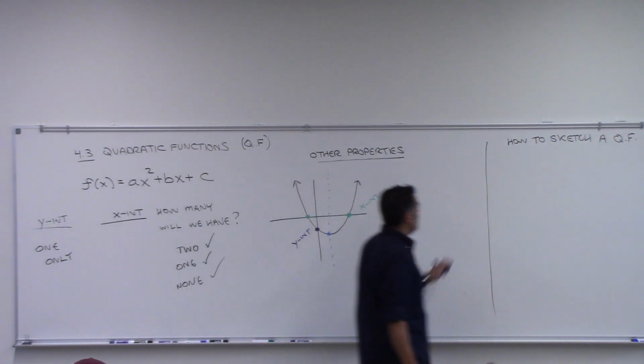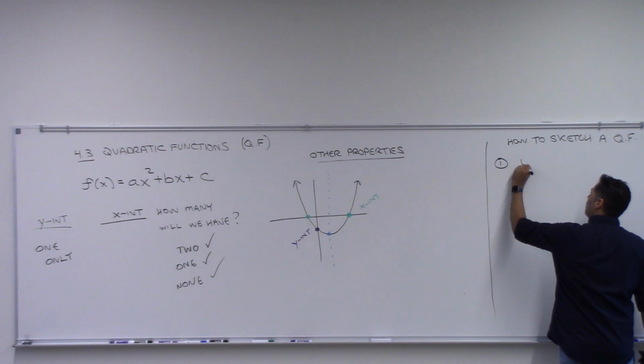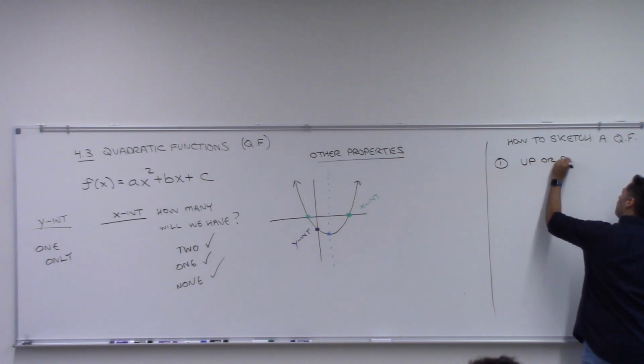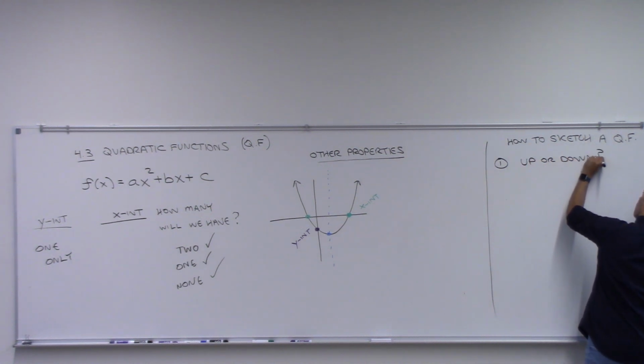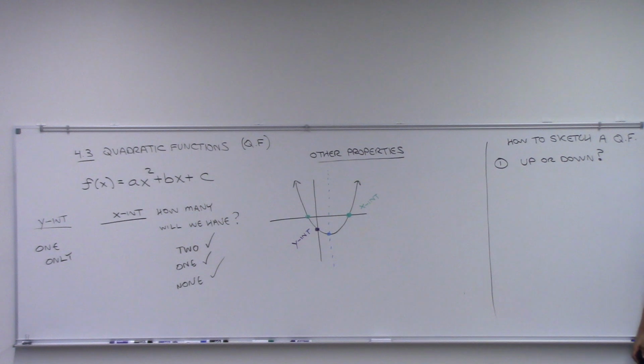All right, the first thing we're going to do is figure out, does it open up or down? Right? Does it open up or down? And that should be easy because all we have to look at is what? A. A will tell us that.